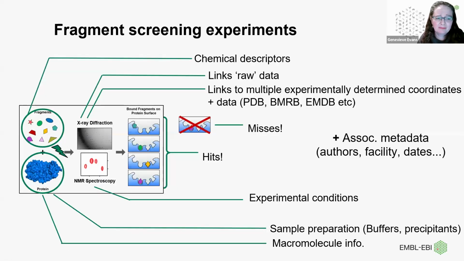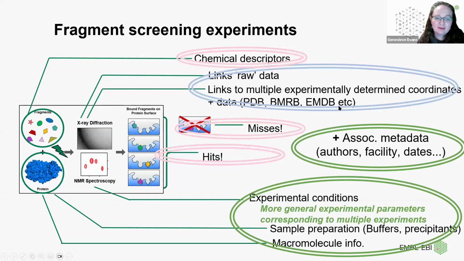And if we break it down even further, thinking about the kinds of information you might want to capture when you do these kinds of experiments, we want to capture what the fragments were. We want to capture the experimental conditions, the sample preparation, the type of the target that was used. Obviously, things like who the authors were, the dates, facilities, all of that stuff, and links to other databases where various bits of information might be.